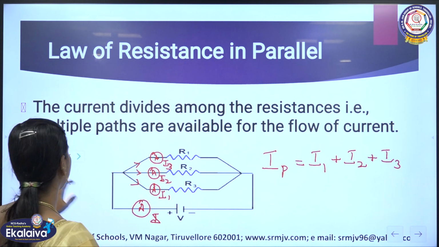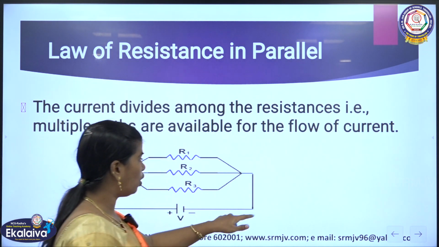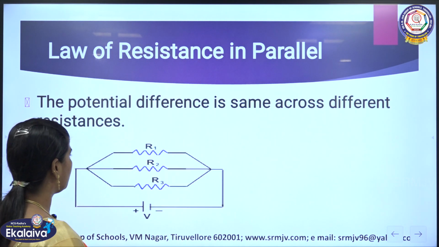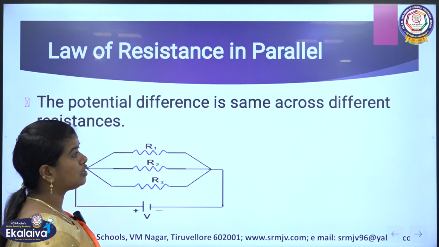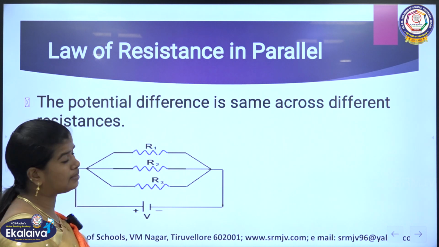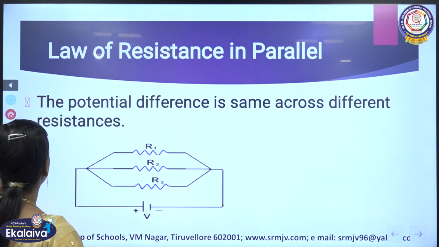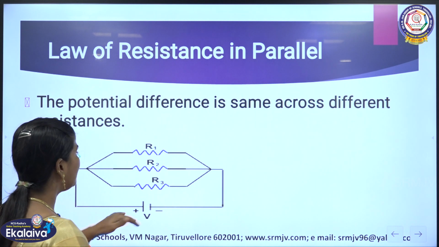Let us move on to what will happen to the voltage. The potential difference is the same across different resistances. So here the potential difference is going to be the same.